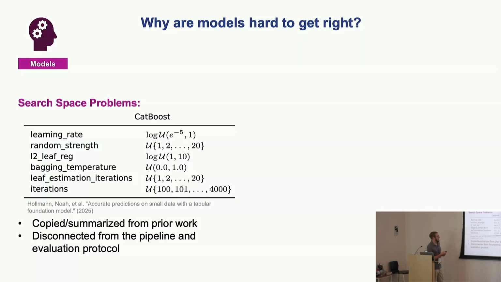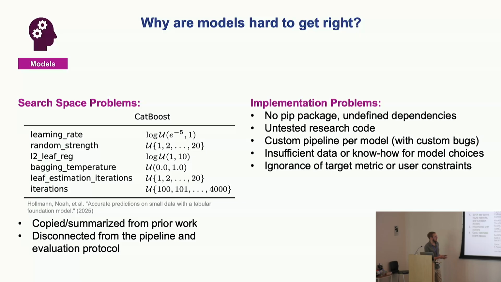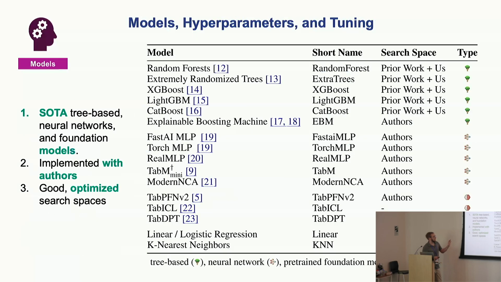But I think that's a bit risky, because we've shown that you can just have a slightly better search space and beat whatever is in the benchmark. So instead, we spent a lot of time refining these search spaces and benchmarking them on those older benchmarks, demonstrating that they significantly outperform the configurations in those other benchmarks.